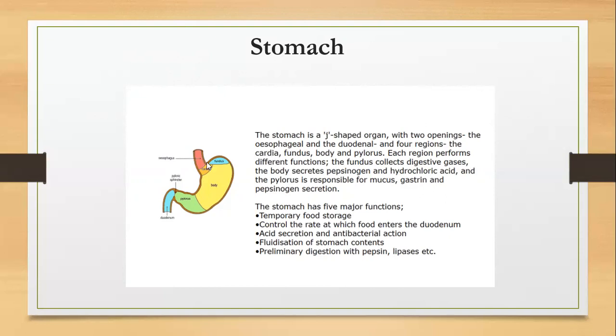Now, like I said, it's a J shape. So the top part of the stomach acts like an umbrella, and it is the fundus. This area is the one that collects the gas. When you are digesting food, you may be producing some gases, and the gases will collect at the top.